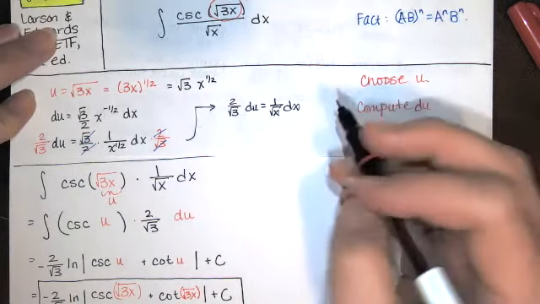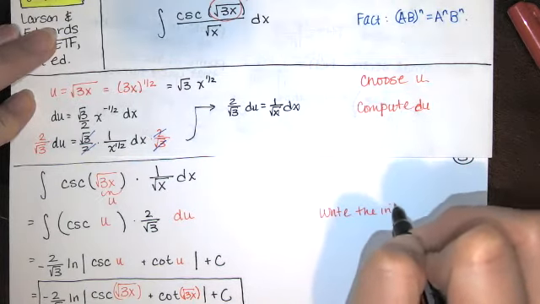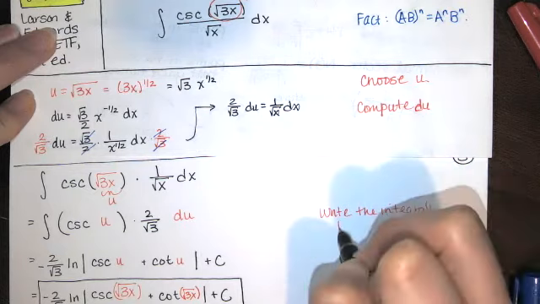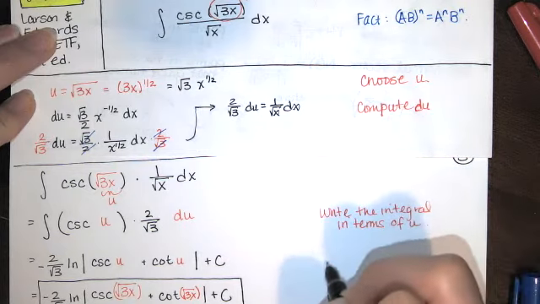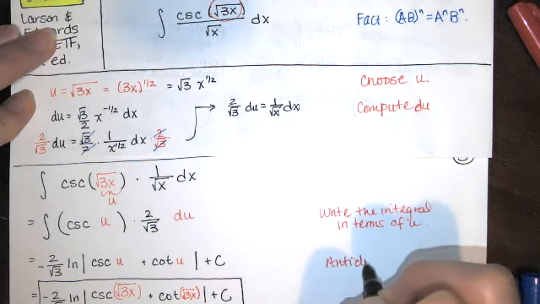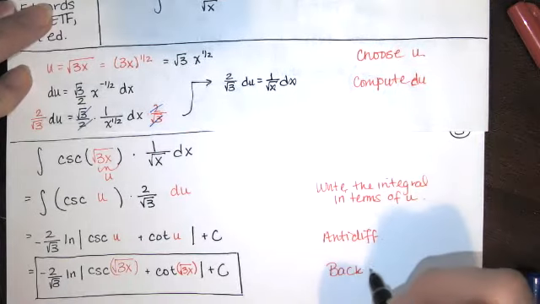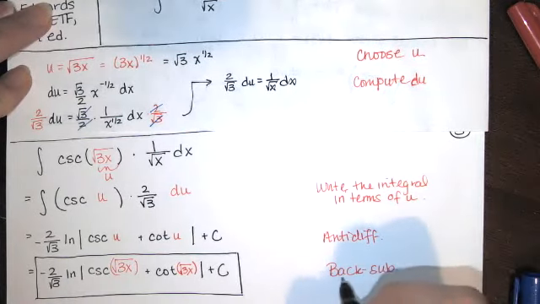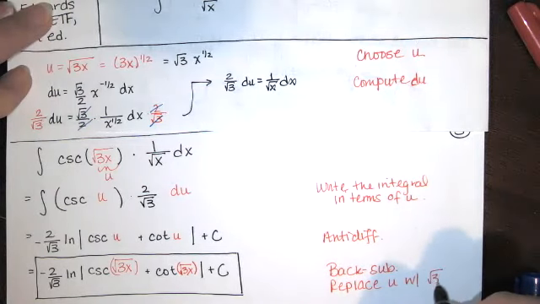We choose u, we compute du, we write the integral in terms of u. We anti-differentiate, and then we back substitute. And remember, back substituting means that we're replacing u with whatever it is in terms of x. In this case, that was square root of 3x.